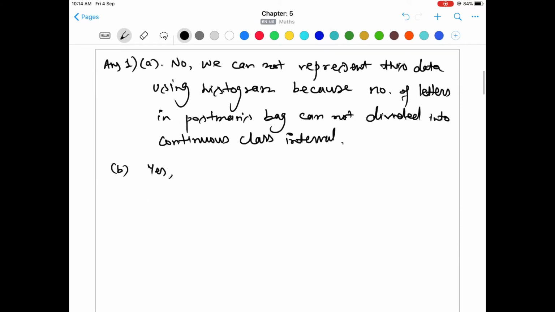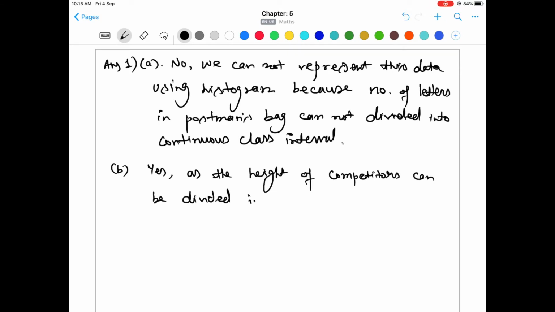So the answer for this one is yes, as the height of competitors can be divided into continuous class intervals.